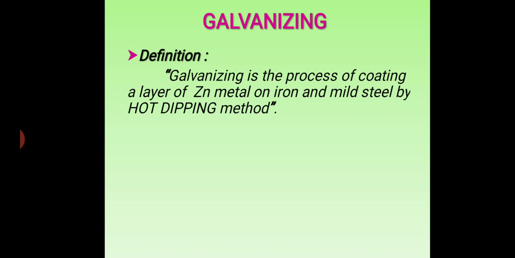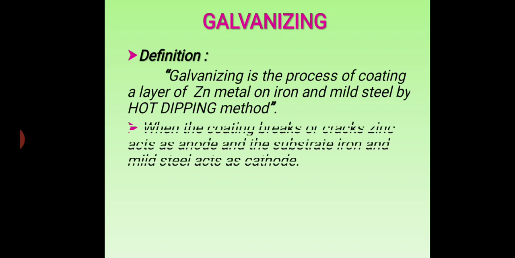Now here we are employing hot dipping method to give a coating on the metal substrate. Now here, there might be confusion. Galvanizing doesn't mean that only by hot dipping galvanizing is done. Galvanizing can be done by electroplating, electroless plating, but here particularly hot dipping method. In hot dipping method, how galvanizing is done, we'll understand.